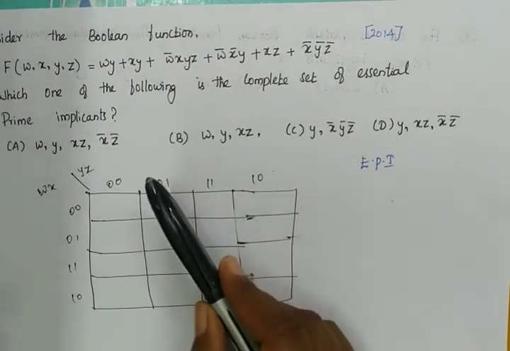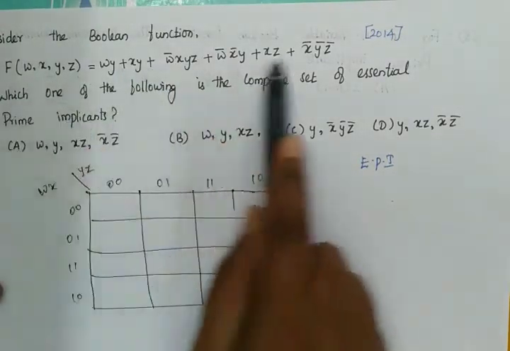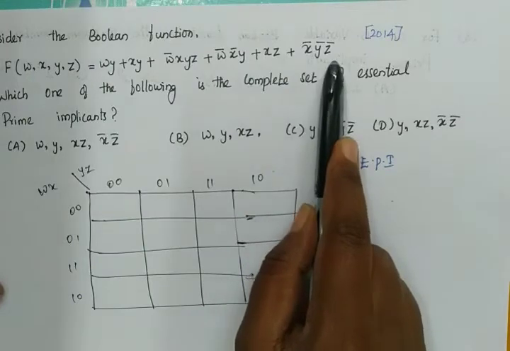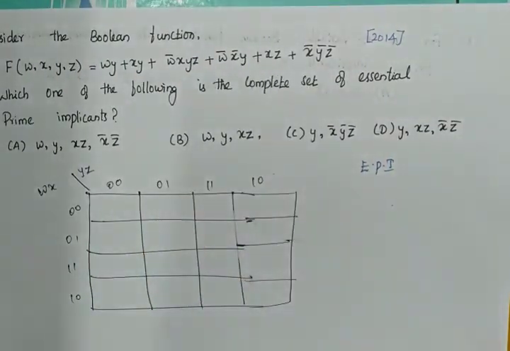before solving this directly, since the expression is not in the canonical or standard form, we have to change it into the canonical standard form. We have already seen how to change this.